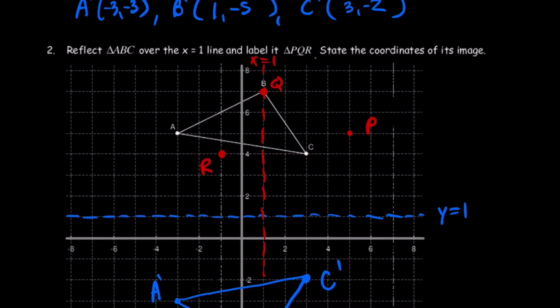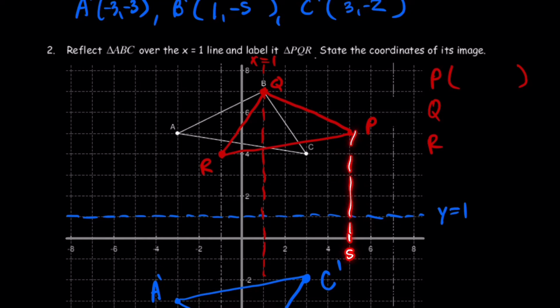Now when you sketch in the sides, look at what happens. This triangle overlaps that line of reflection. Okay, so I'll write the coordinates down over here. P, Q, R. Point P looks like, if you look at the coordinates here, it's 5, 5.